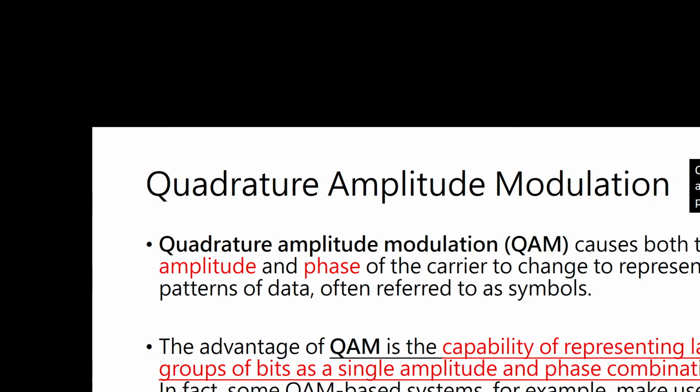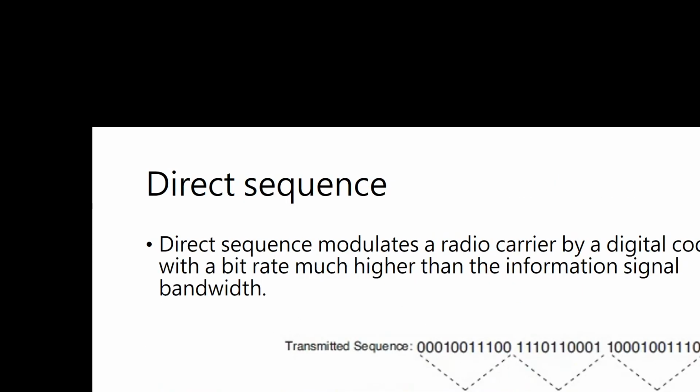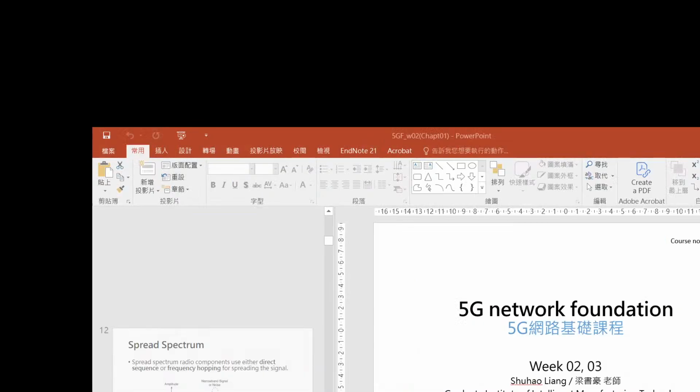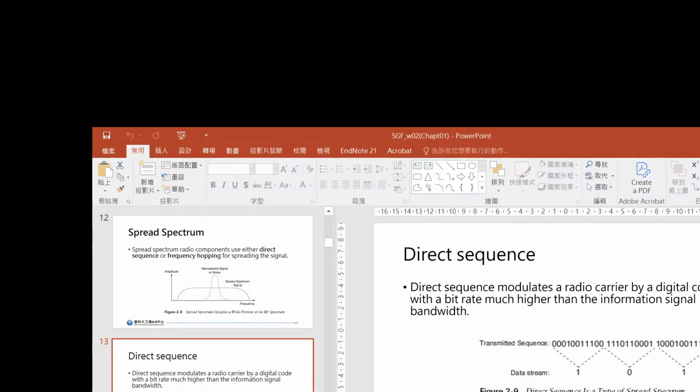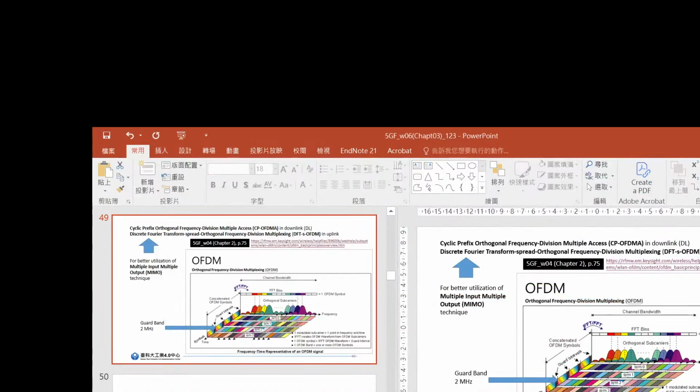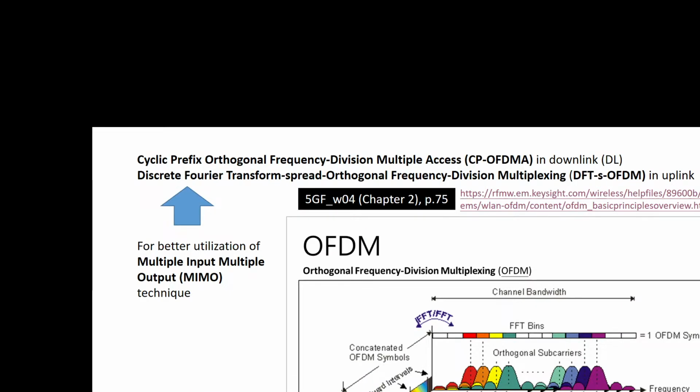The advantage of quadrature is the capability of representing a large group of bits as a single amplitude and phase combination. Okay, anyway, this is basic. So once you know the idea, it's much easier to understand what it is. Okay.